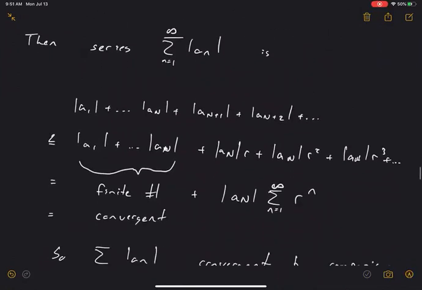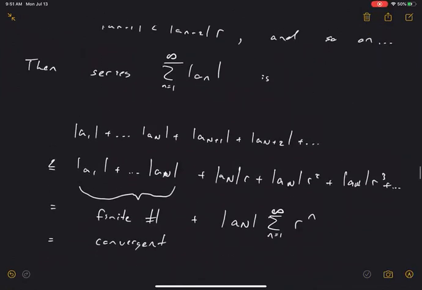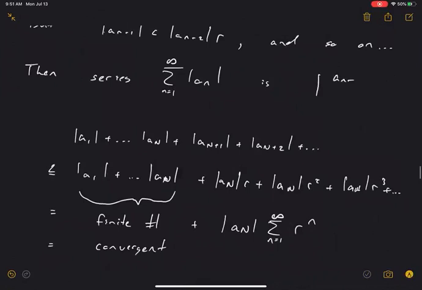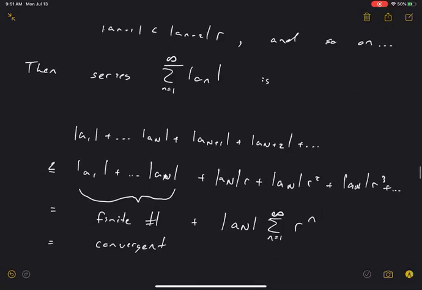So what does that mean for our series? We're talking about this ratio a_(n+1) over a_n. What does that tell us about our series of absolute values? Well, let's try writing out our series. If I wrote out this series long form, what would it look like? It'd be the absolute value of a_1 plus a bunch of terms all the way up to that big N index. And then it would keep going to infinity.